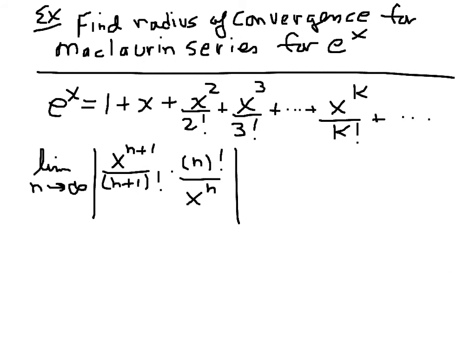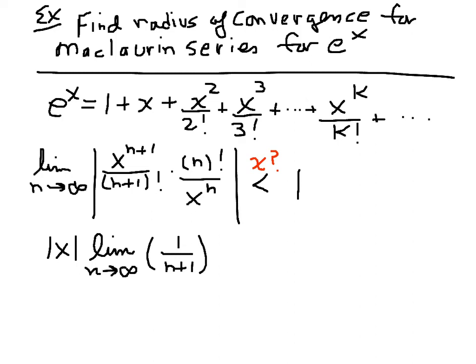That has to be less than 1, and we are asking the question, what are the values of x which make it less than 1? So I can simplify this a great deal, take out the absolute value of x, and I'm looking at the limit as n approaches infinity. Well, don't you know that n factorial over (n plus 1) factorial is just 1 over n plus 1?